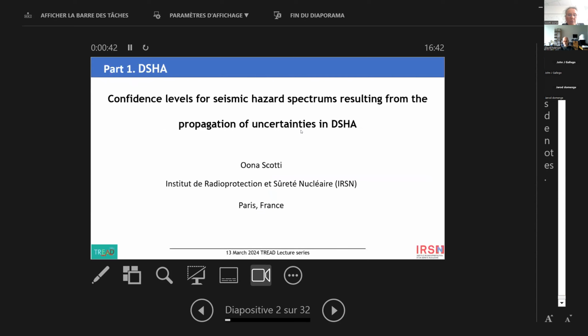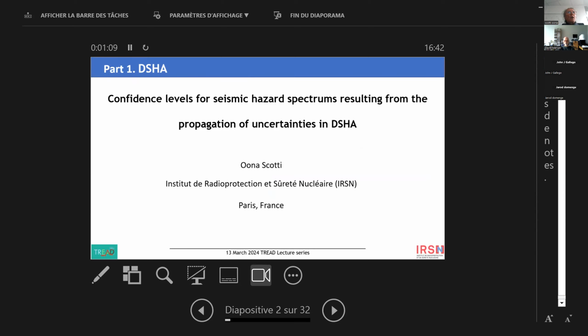The reason to do the two together is that the probabilistic approach is probably everything that you will ever hear about, because today people basically practice only probabilistic approaches, but deterministic approaches remain something that is done especially in the nuclear industry and especially in France. And so it's kind of interesting to go through this approach.